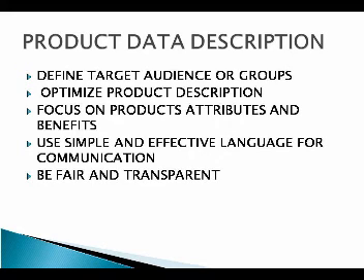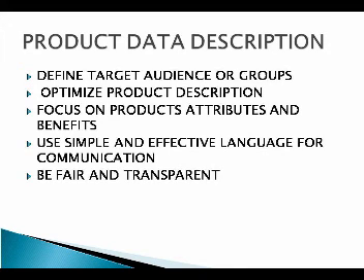For customers, they provide the data, features and characteristics of the product in order to compel them to purchase the product with confidence. The description can contain a brief write-up, photo or images, video or animation in case of online or web description. So define target audience or groups.